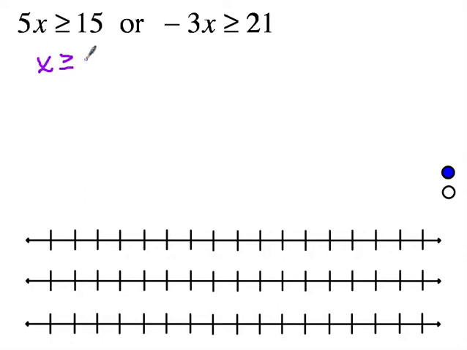X is greater than or equal to 3. What type of circle will I put at positive 3? Closed. And which way am I going to shade? To the right, it's greater than.